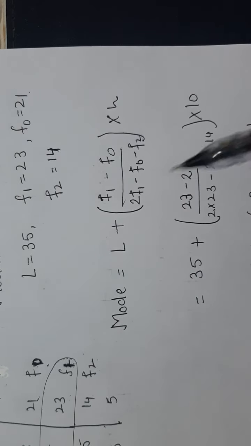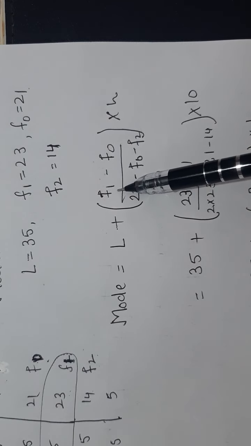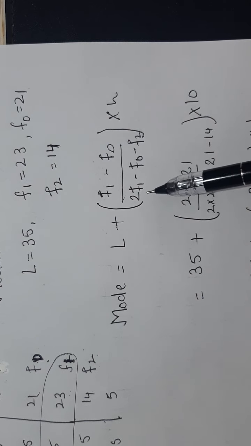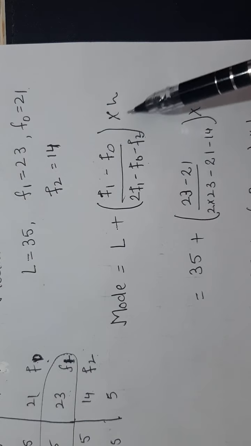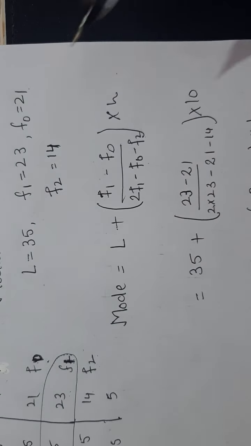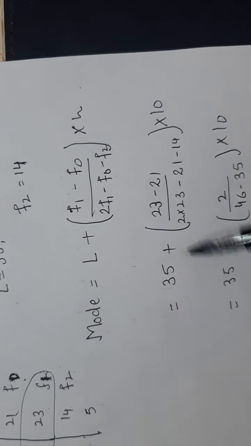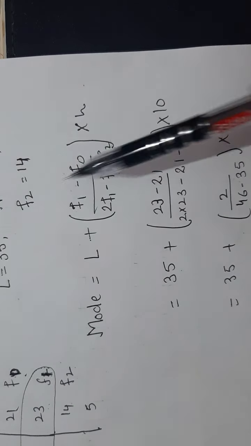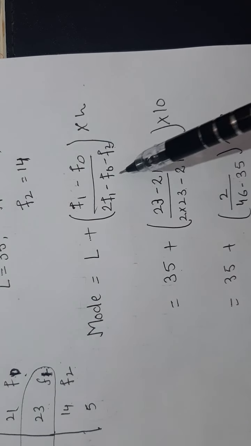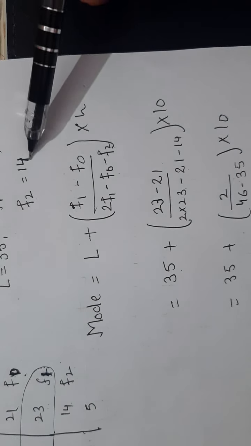Now let's write the formula again. The formula was L plus (f1 minus f0) upon (2f1 minus f0 minus f2) into h. Now let's substitute all these values in this formula. L is 35, then 23 minus 21, upon 2 times 23 minus 21 minus 14. Clear? f2 is 14.